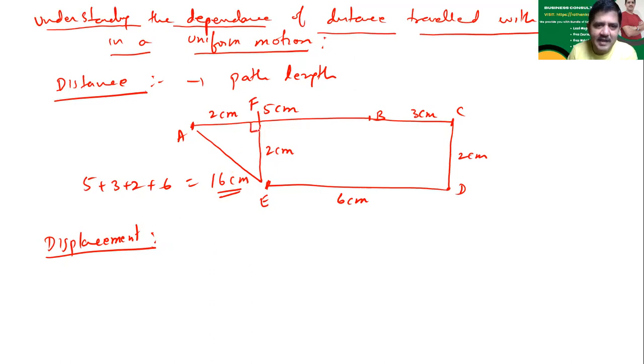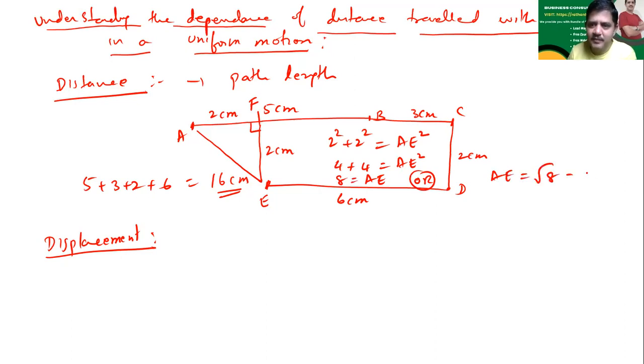Look at this. This is a right angle triangle, so I can apply the Pythagoras theorem here. 2 square plus 2 square is equal to AE square. 2 square is 4, and 2 square is once again 4. So 4 plus 4 is 8, equal to AE square. Or AE should be equal to root 8, which is 2 root 2 centimeter.